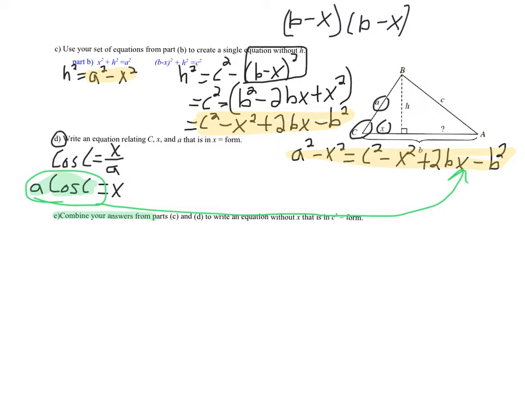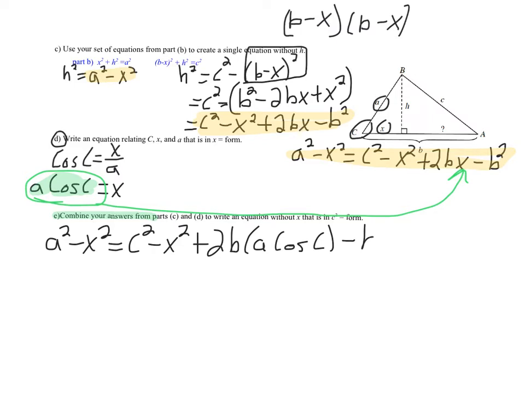If I do that, I now have a squared minus x squared equaling c squared minus x squared plus 2b times a cosine angle C minus b squared. I notice that a negative x squared on the left side and a negative x squared on the right side. So I'm going to simplify this by adding.